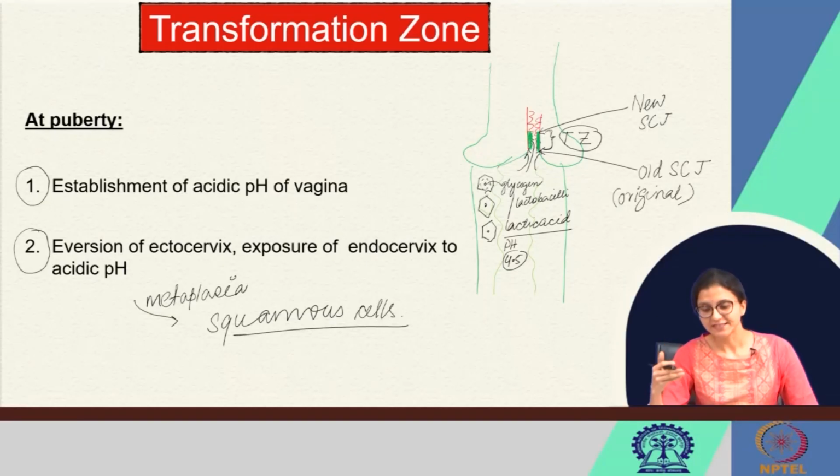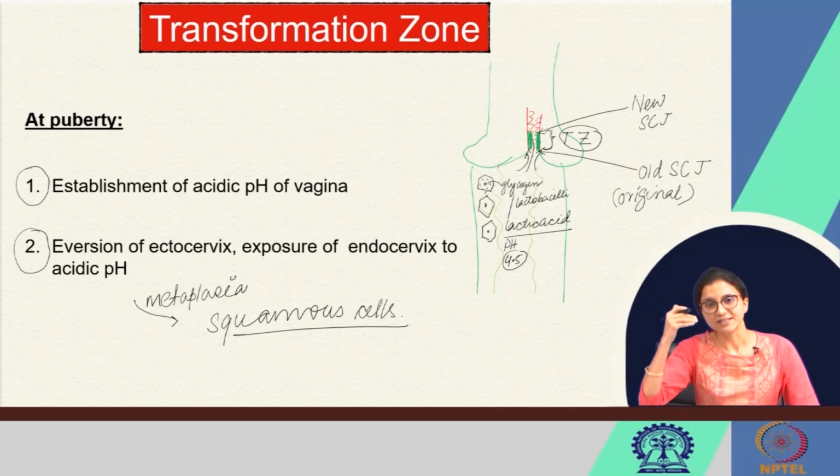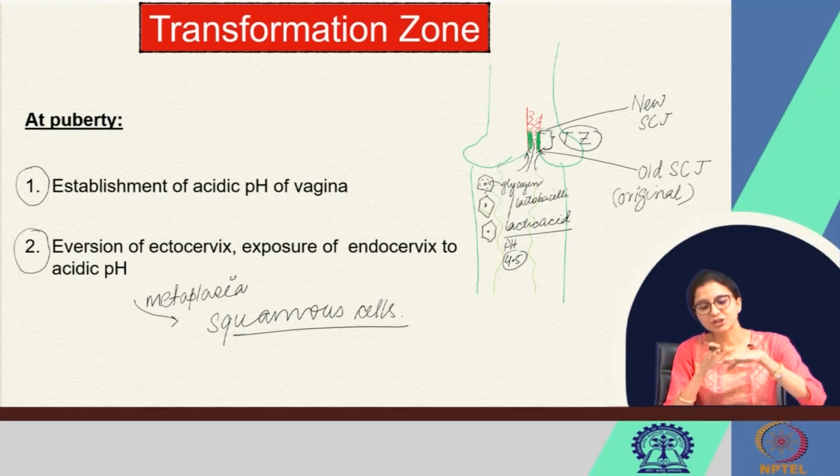So, I repeat that the squamocolumnar junction originally was outside, below, but after puberty, with the onset of puberty, the vaginal pH getting converted to acidic, the columnar cells of the endocervix undergo metaplasia and get converted to squamous cells. So, the squamocolumnar junction shifts, it goes upwards, it goes inside and it forms the new squamocolumnar junction, and this portion in between the old and new squamocolumnar junction is called the transformation zone.